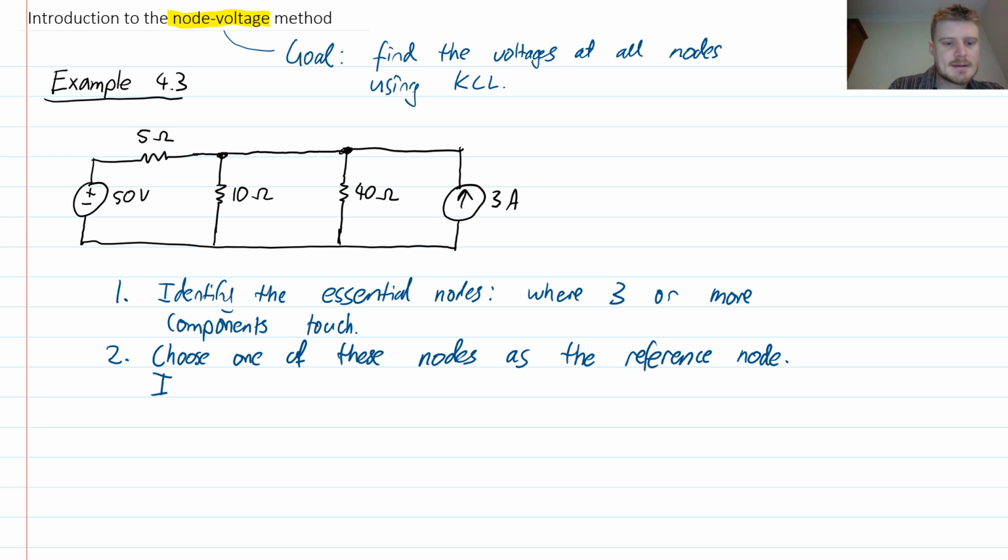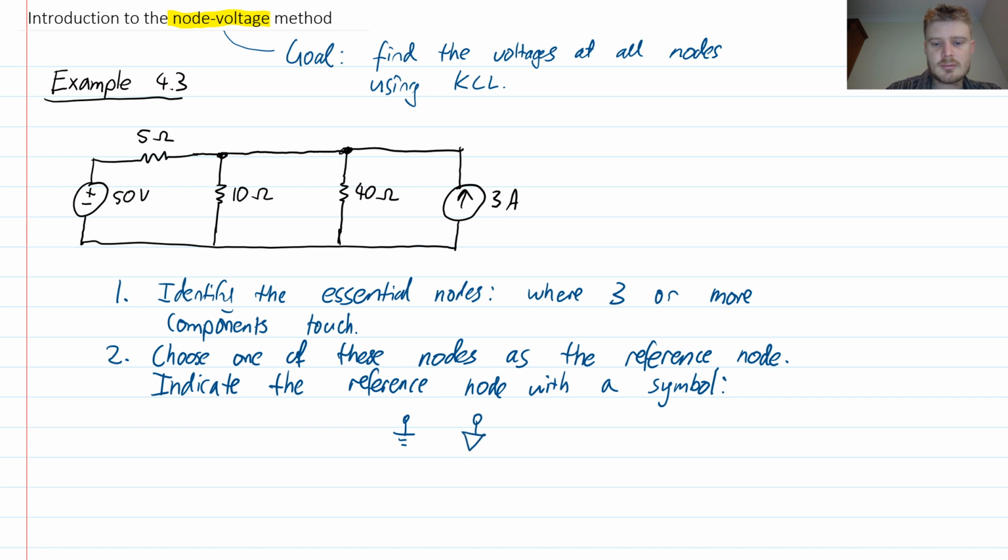We indicate the reference node with a symbol, and we can use the ground symbol, which looks like this, or some people use a little triangle or a triangle that's been colored in. So one of these kinds of symbols that we draw onto our node.